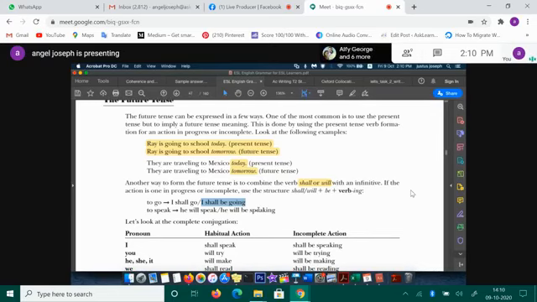Which word did we use in the present? Same, been. I have been driving. She has been driving.